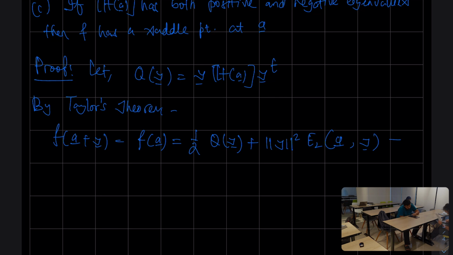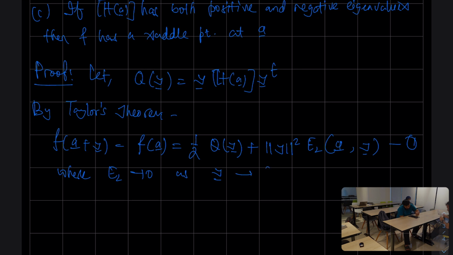Okay, I should be doing it a bit faster. Where e2 goes to 0 as y vector goes to 0 vector. So fairly obvious statements.